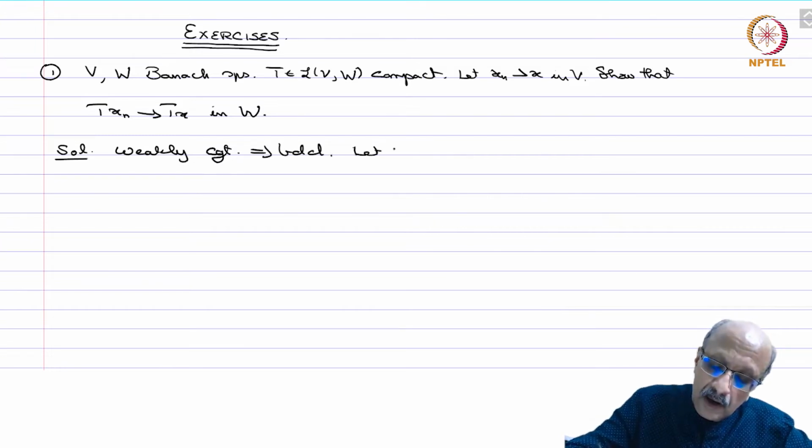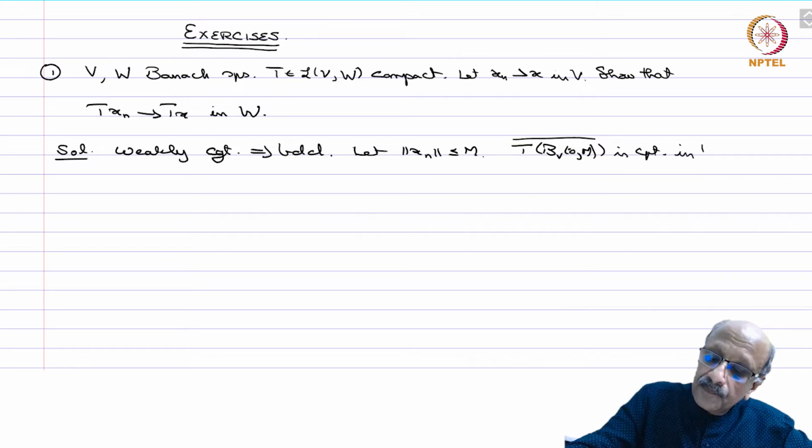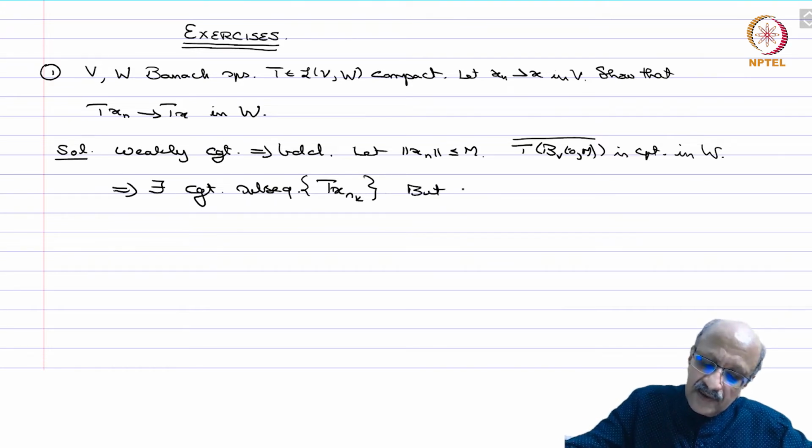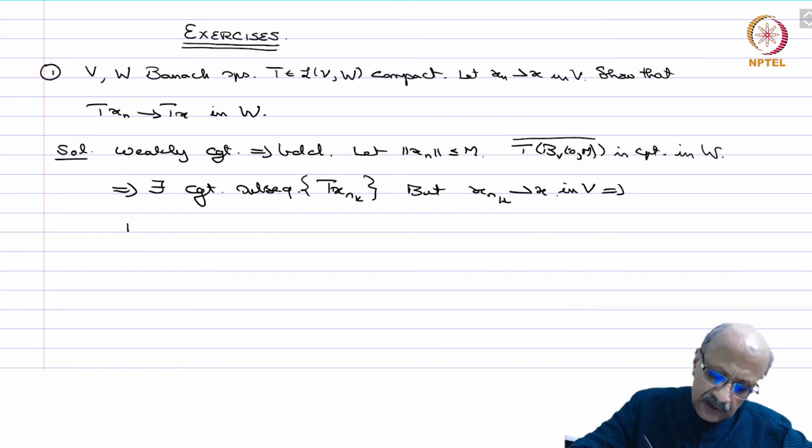So let norm x_n be less than or equal to M, and then we know that T of B_V(0,M) closure is compact in W. So there exists a convergent subsequence Tx_{n_k}. But x_n goes to x weakly, so x_{n_k} also goes to x weakly in V. This implies T is weakly continuous because it is a continuous linear operator. So Tx_{n_k} converges weakly to Tx.